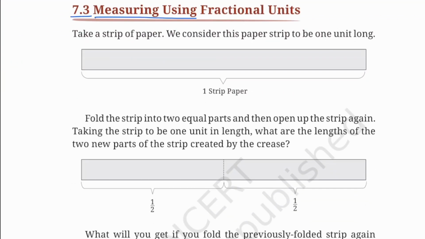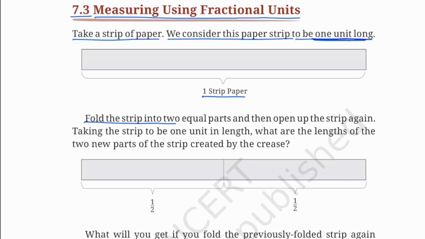7.3 Measuring using fractional units. Take a strip of paper. We consider this paper strip to be 1 unit long. Its length is 1 unit.